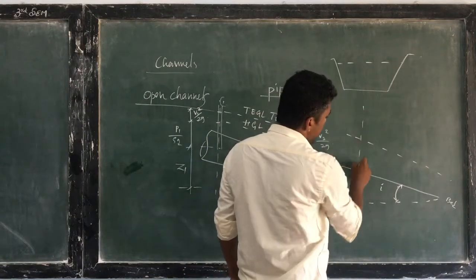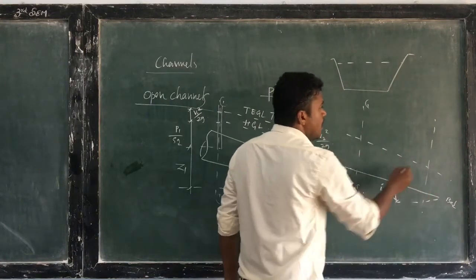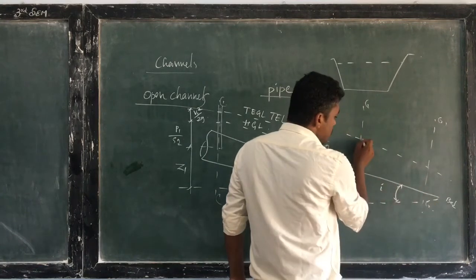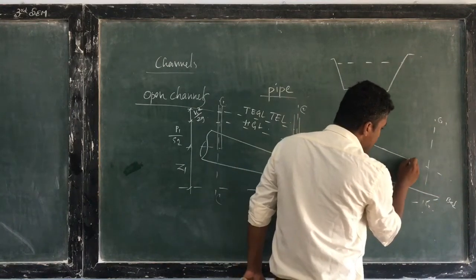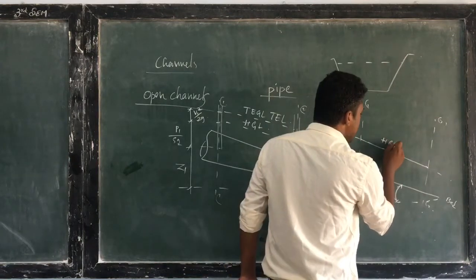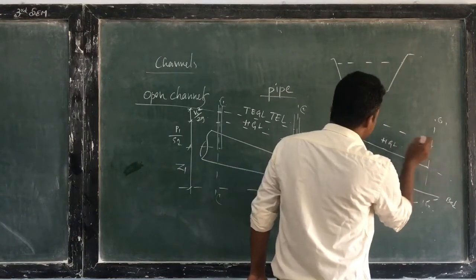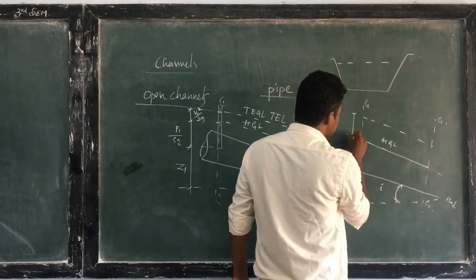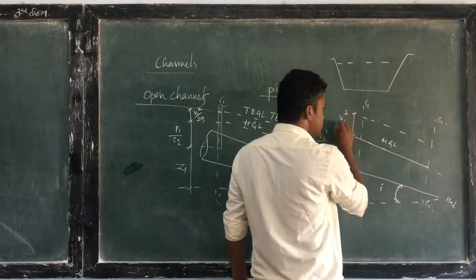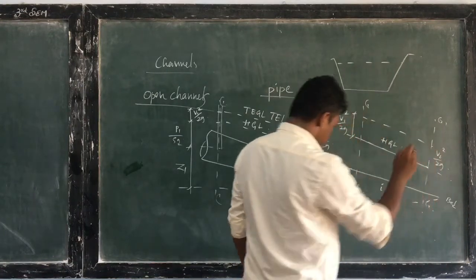If you draw two sections 1 and 2 just like the previous case, then your free surface is itself the hydraulic gradient line, and we have two heads, one at section 1, V1 square by 2g, and here it is V2 square by 2g.